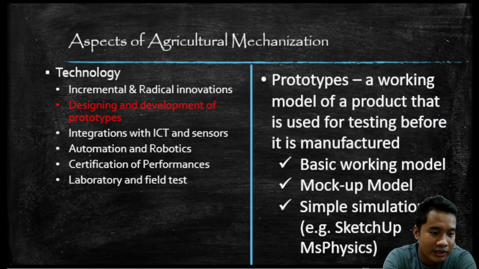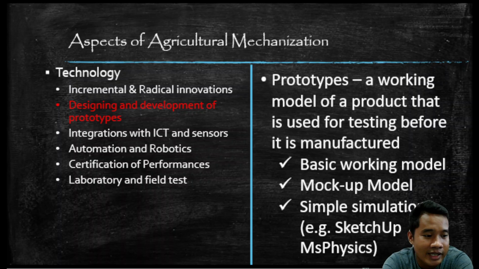A simple simulation can be seen in a computer simulation like SketchUp, MSP6, AutoCAD, for example, and Revit, which are some of the computer-aided drafting simulators, wherein you can see a working machine without a physical machine, for example.